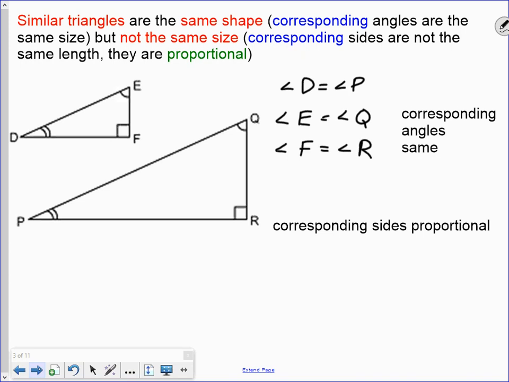So corresponding angles between the two triangles are the same, but corresponding sides are not the same length. Obviously, the length of side DF is much smaller than the length of side PR, which is the corresponding side.